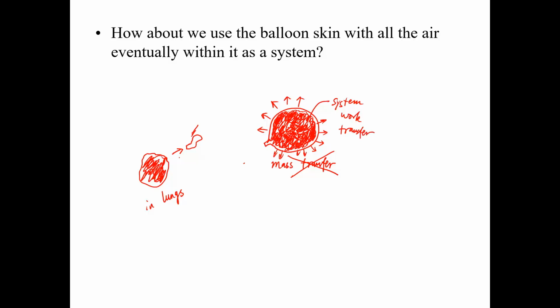In fact, when you breathe this chunk of air into this balloon, your lungs have to do some work on this chunk of air, so that your lungs push this chunk of air for a distance into this balloon. So that is again work transfer, right?